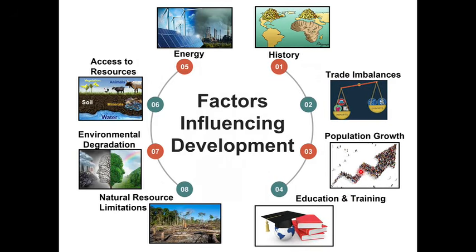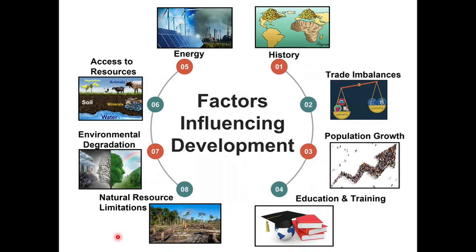Then, of course, your population growth. If you have a look at something like family planning, for instance, of course, in your developed world, your population is more stabilized than in the developing world. Then education and training, right? We've shown you that also on the previous map. Of course, you've got more universities, you've got more training facilities in your developed world.